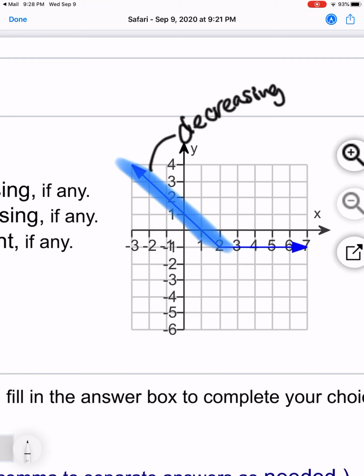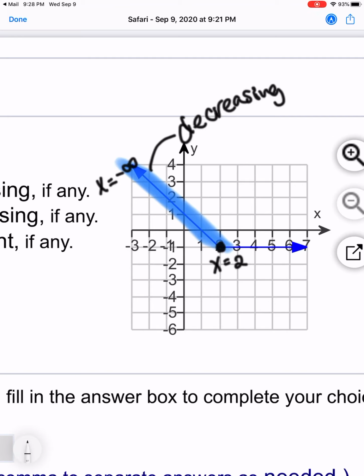And we need to find the x values where we're going down here. So this point where we stop is going to be x equals 2. Because we have an arrow here, you can think of this as x equals negative infinity, because it's going to keep going to the left.